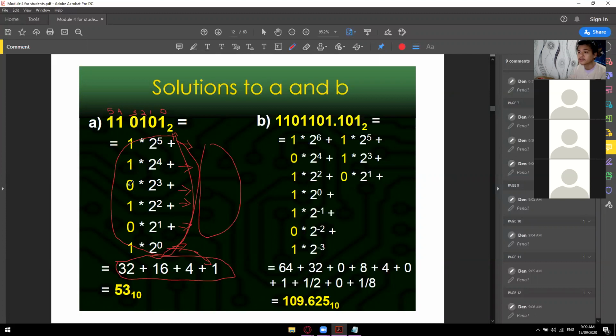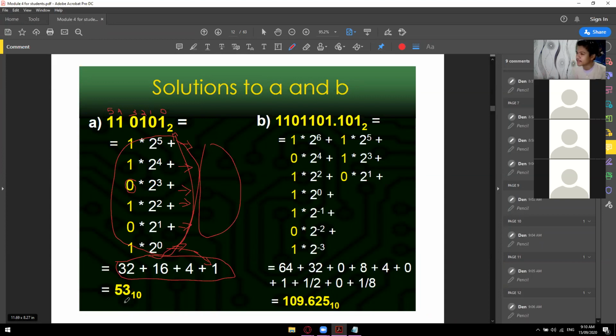Any number that will be multiplied to 0 is 0. Okay, so 48 plus 4 is 52 plus 1 is 53.